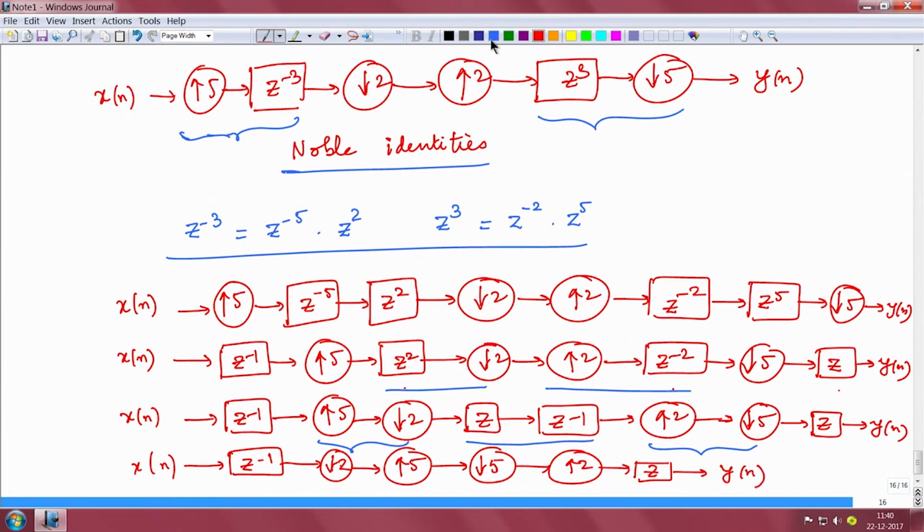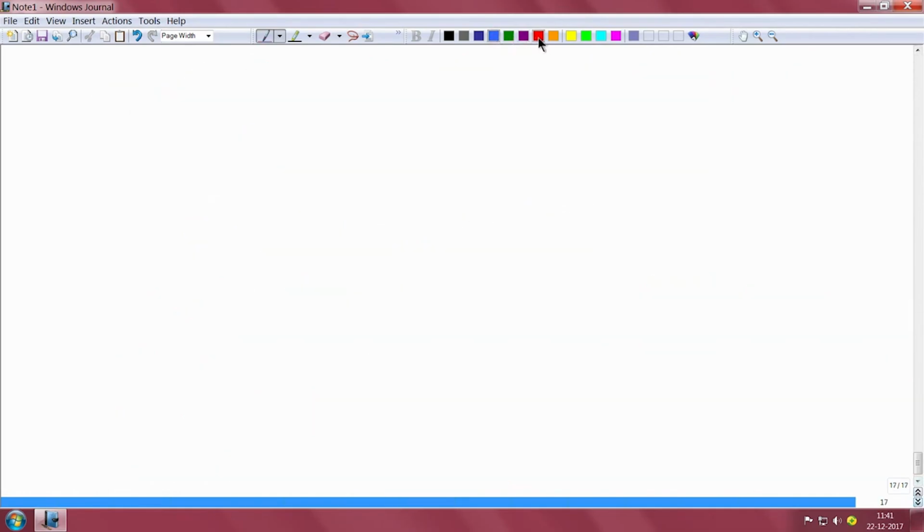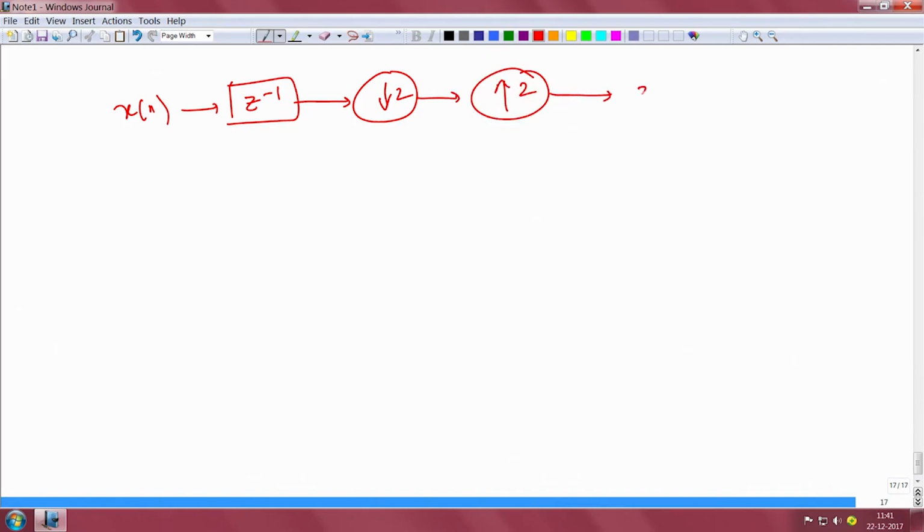So these two are going to be identity together, and what we have next is x of n followed by z power minus 1, followed by downsample by a factor of 2 and upsample by a factor of 2, followed by z and then y of n.